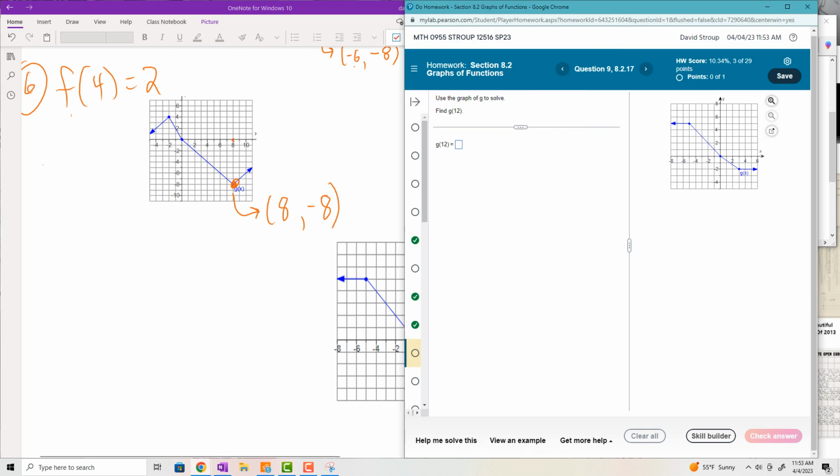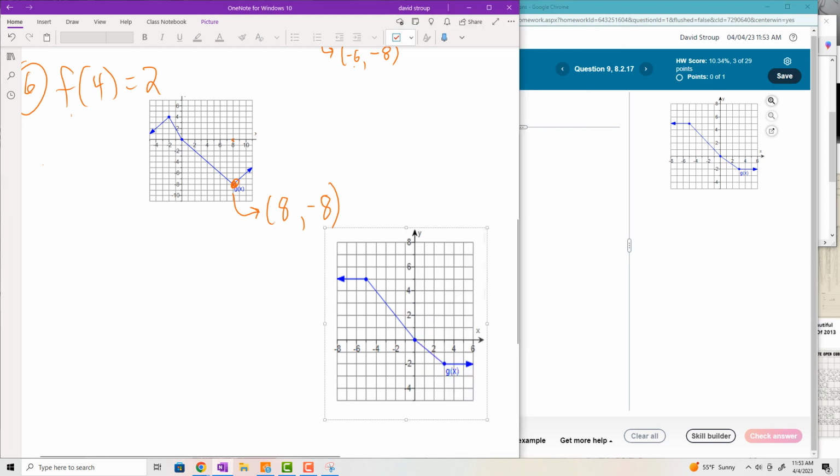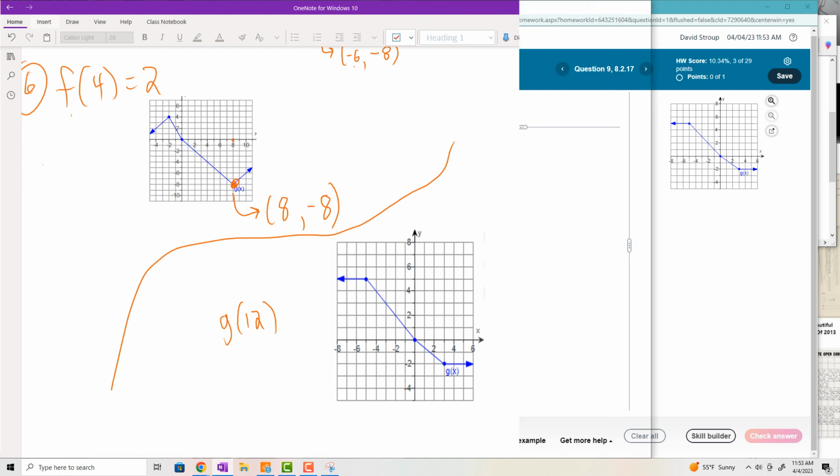Okie dokie. So the question is, what the heck is g of 12? And the issue is that there's no 12 x value on this graph. But what they want you to do is kind of just extrapolate the direction of the line from the given information, right?